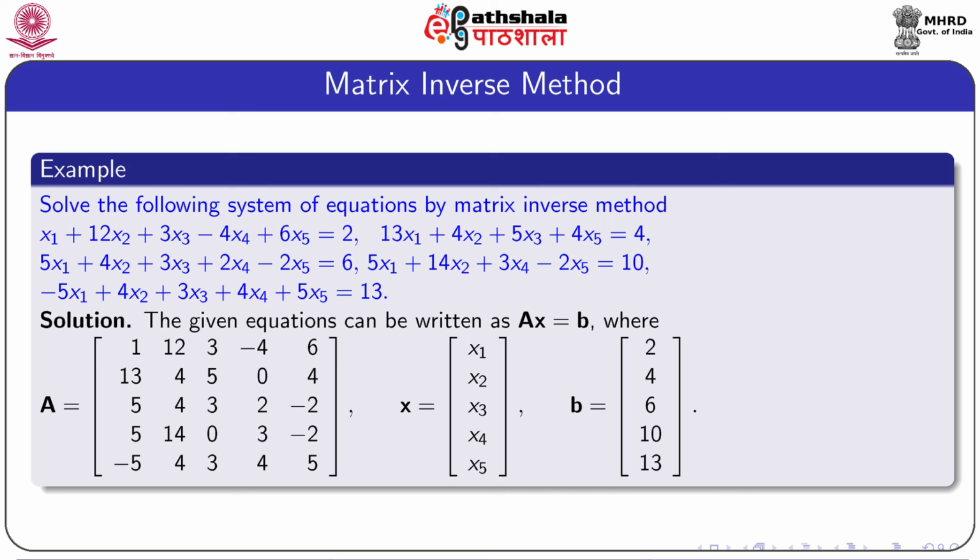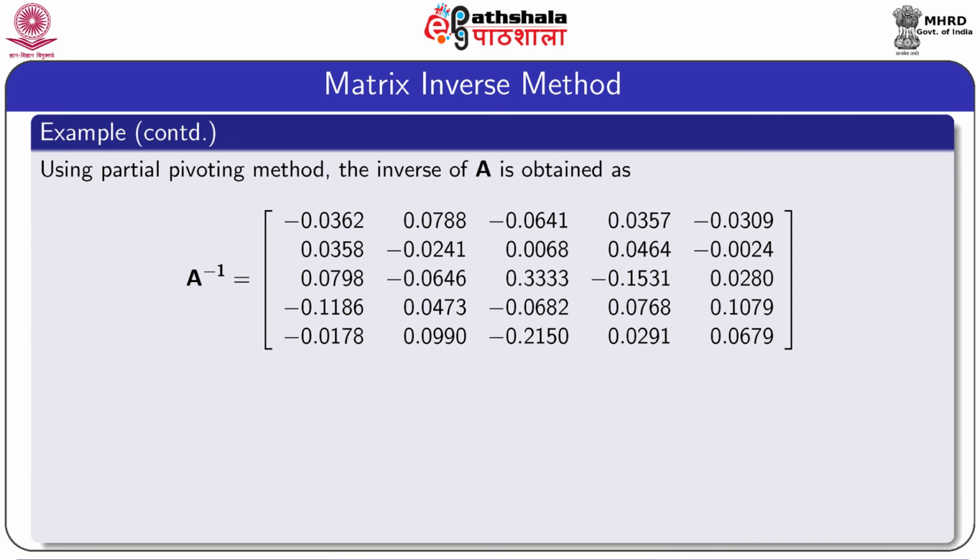Now, we have to calculate the value of the vector x using the formula x equal to A inverse b. To find x, we have to calculate the inverse of the matrix A, and using the partial pivoting method discussed earlier, the inverse of the matrix A is obtained as this one.